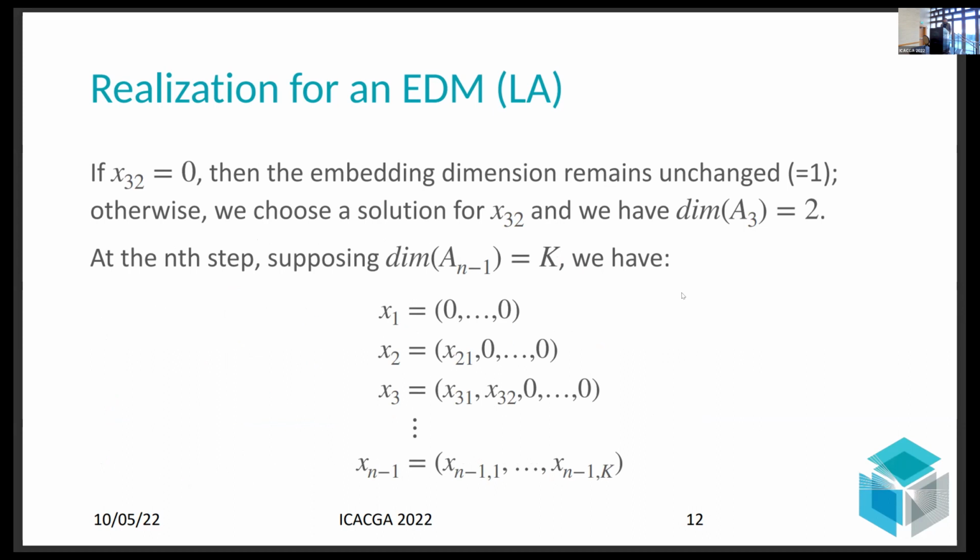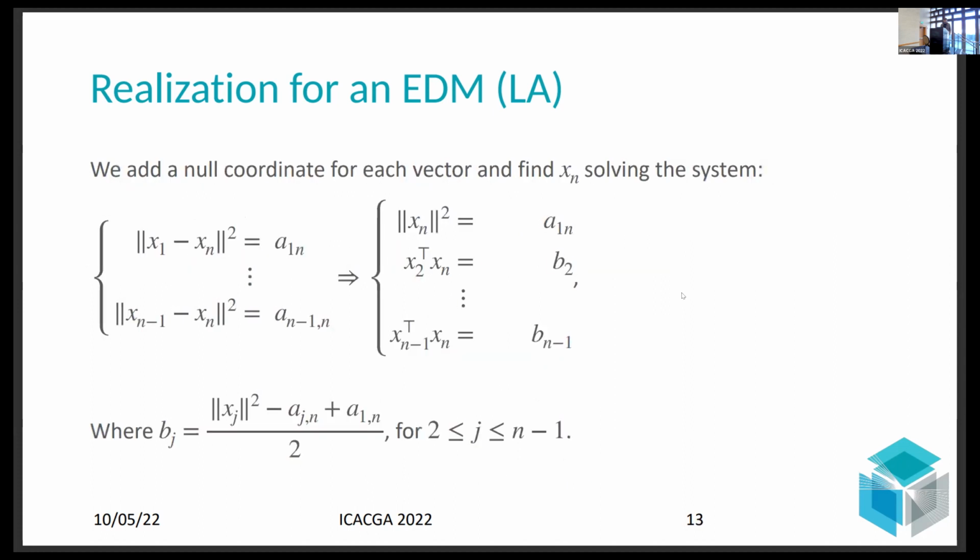In the last step, in general, we have a partial solution like this. If the embedded dimension of A n-1, the last submatrix, equals k, we have this partial solution. We add a null coordinate in each vector to try to find xn.